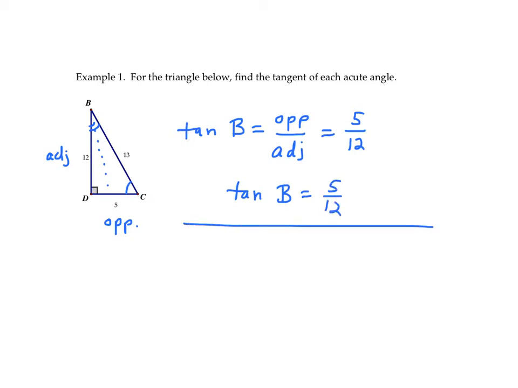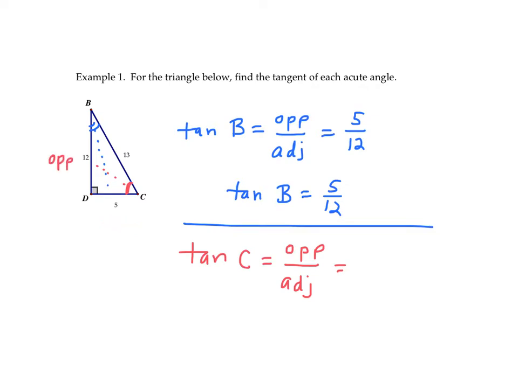Okay, if we switch gears and we take a look at angle C in the lower right, well, now our perspective changes. Tangent is still equal to the ratio of the opposite side over the adjacent side, but for the angle that I just marked in red, angle C, 12 is the opposite side. So let's just erase that. And now write opposite here.